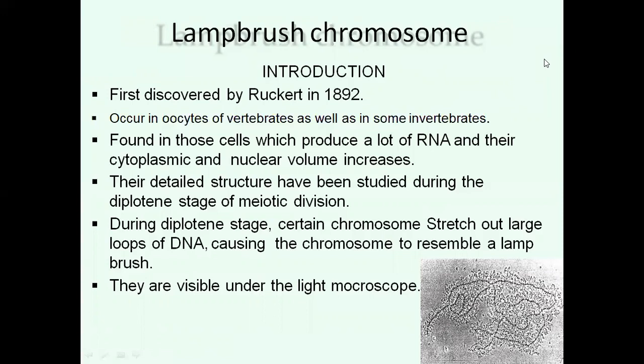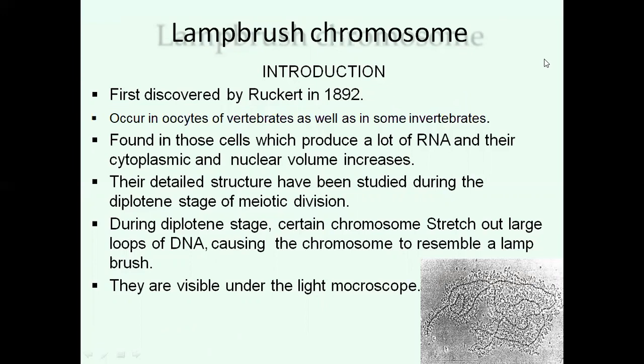The detailed structure has been studied during the diplotene stage of meiotic division. During meiosis, the prolonged prophase has the diplotene stage. In this diplotene stage, certain chromosomes stretch out large loops of DNA, causing the chromosomes to resemble a lampbrush structure.